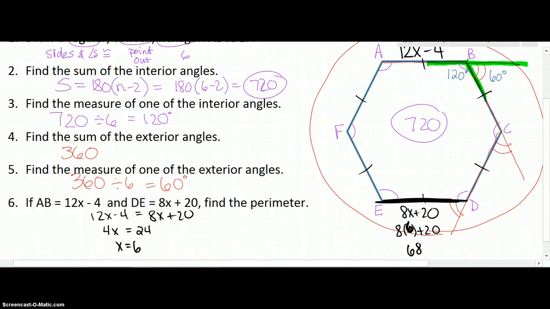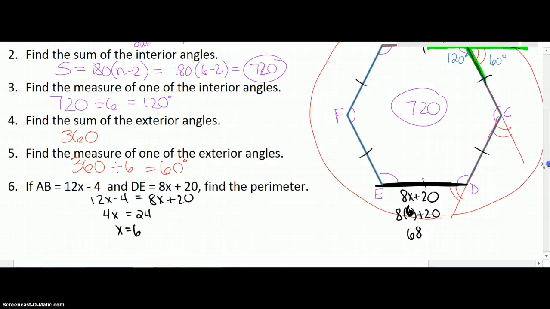And if we want the perimeter of the entire thing, how do we do that? 68 times 6. Or you could put 68 on each side and just add them all up. But the perimeter is going to be 68 times 6 sides that are the same.